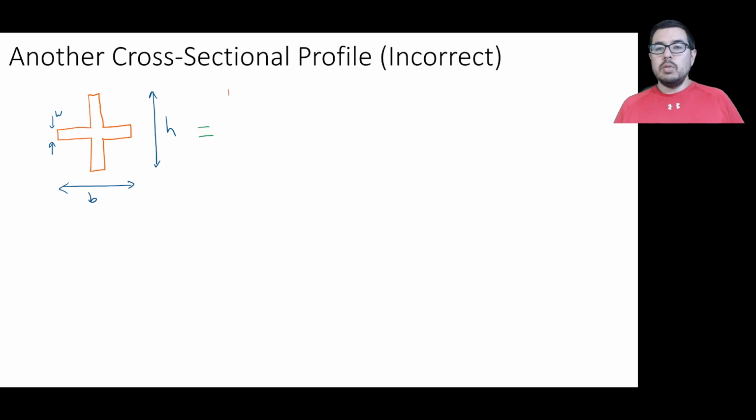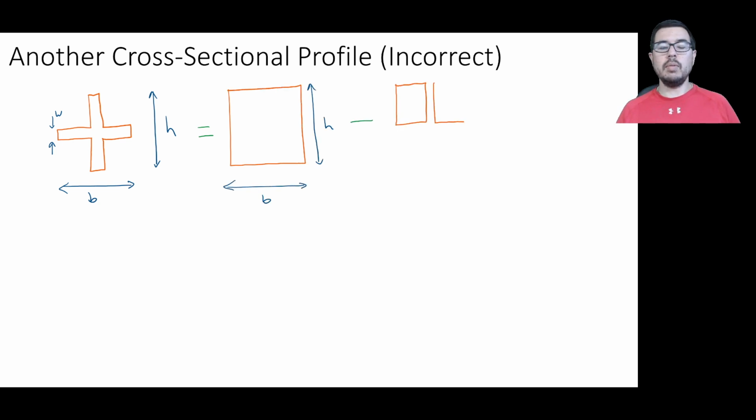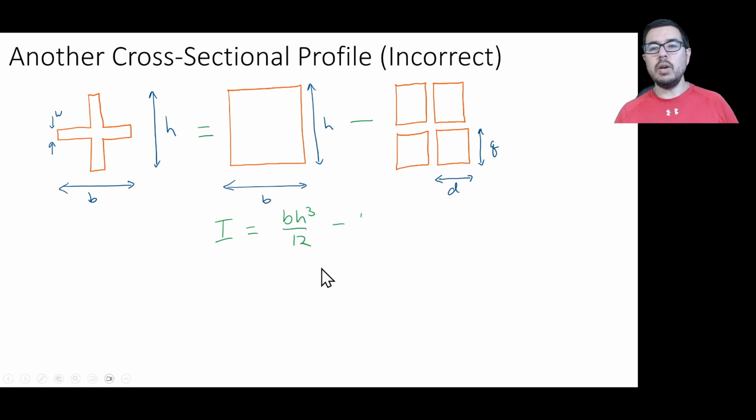We could be tempted to think of it as a rectangle and subtract away these 4 individual rectangles and just write it out as bh cubed over 12 minus 4 times dq cubed over 12. And we can substitute in our 2d plus w equals b for this system.